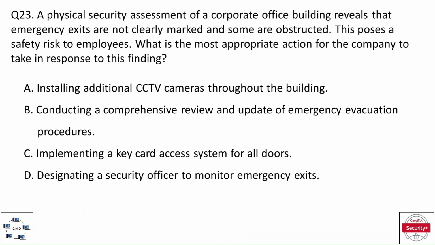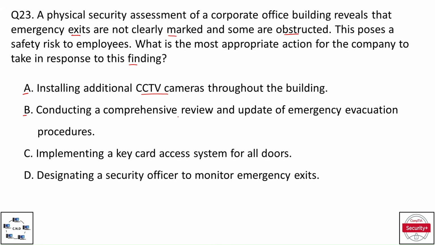Question number 23. A physical security assessment of a corporate office building reveals that emergency exits are not clearly marked and some are obstructed. This poses a safety risk to employees. What is the most appropriate action for the company to take in response to this finding? And the options are option A, installing additional CCTV cameras throughout the building.